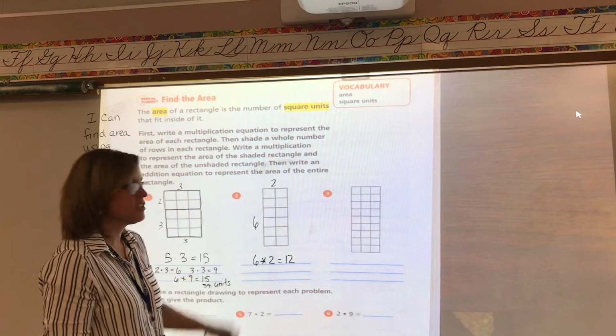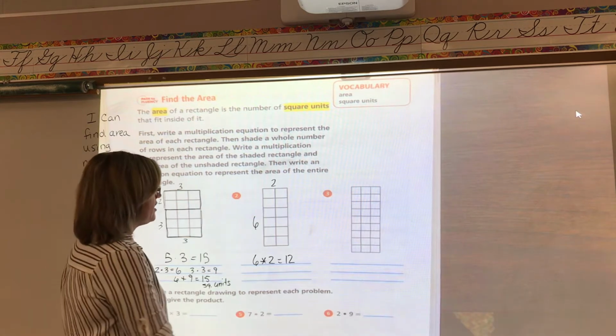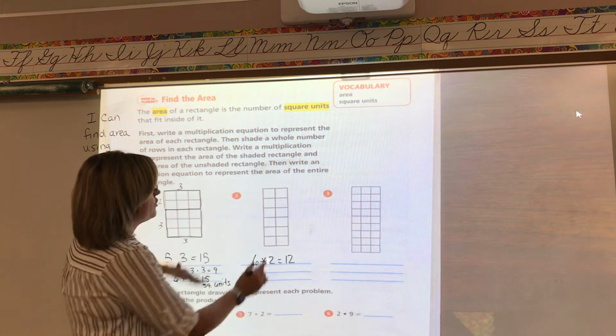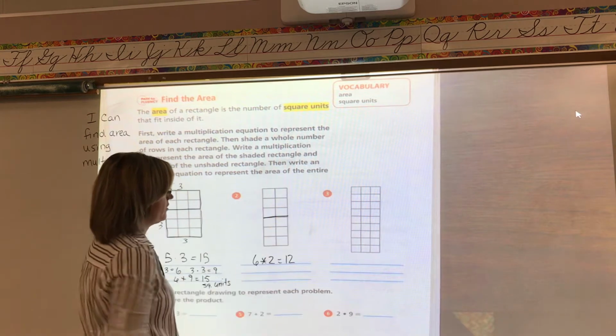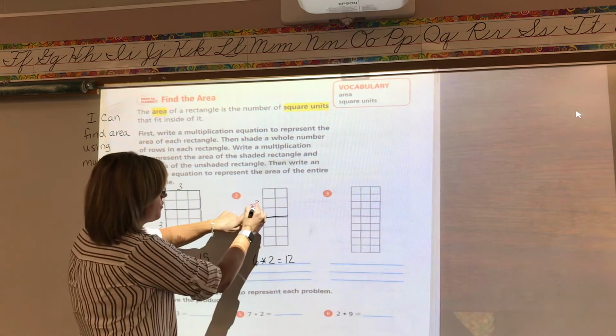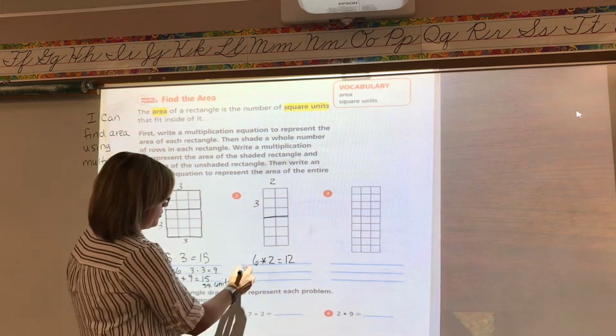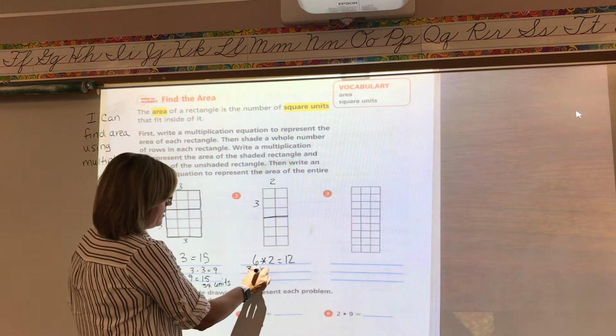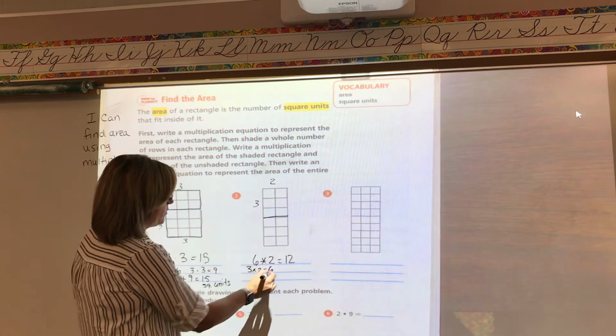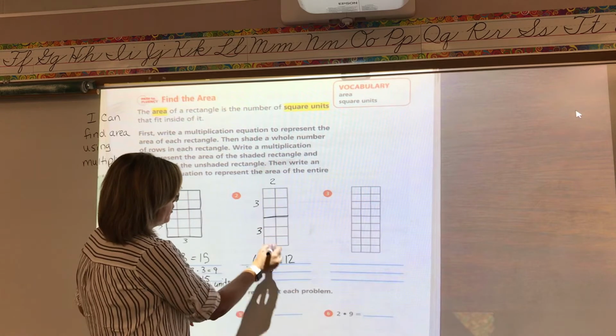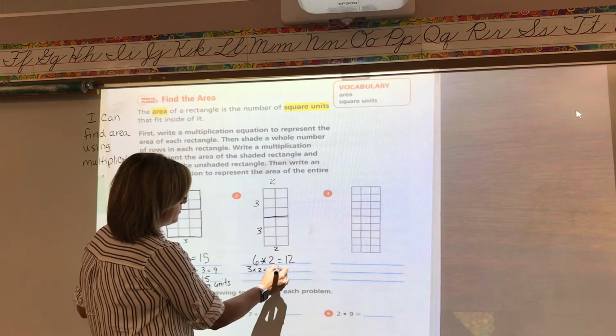Let's pretend we didn't know our multiplication of 6's. Let's break it down into 2 smaller pieces. Maybe I want to do 3 times 2. 3 times 2, we know that equals 6. And here's another 3 times 2.